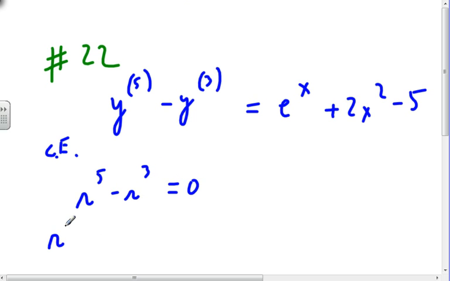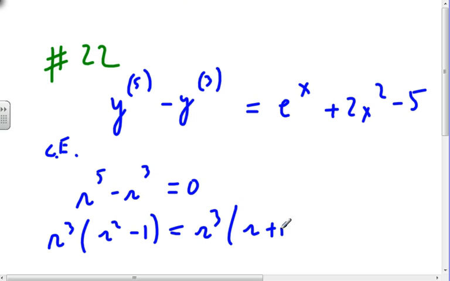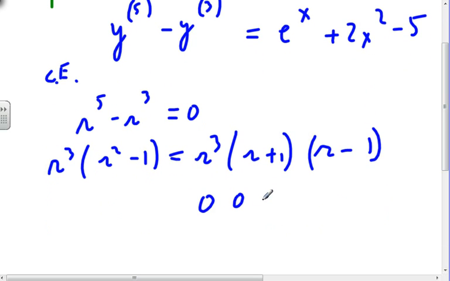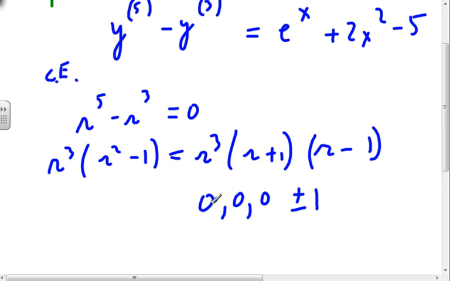So I'm going to have r cubed times r squared minus 1, and that's going to factor as r cubed, r plus 1, r minus 1. So I have roots 0, 0, 0, plus or minus 1. Okay, so this is a unit, and an x squared, I already have an x squared. Plus or minus 1 is the e to the x guy.